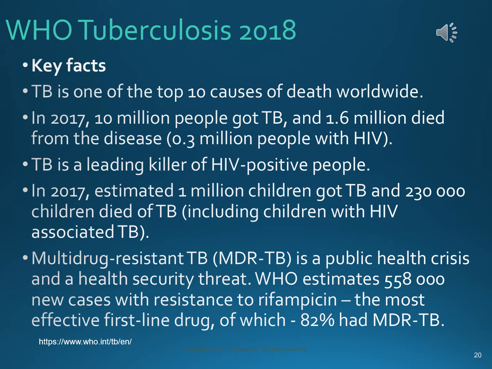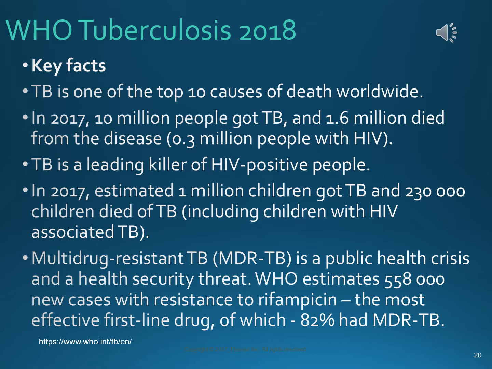Certainly not in the United States, but if 1 in 3 people in the world has TB, it makes sense that it's one of the top 10 causes of death. In 2017, 10 million people got TB and 1.6 million died. And of those, 0.3 million were people with HIV.